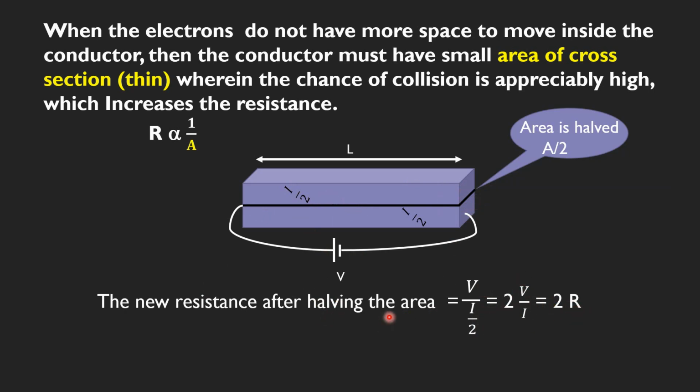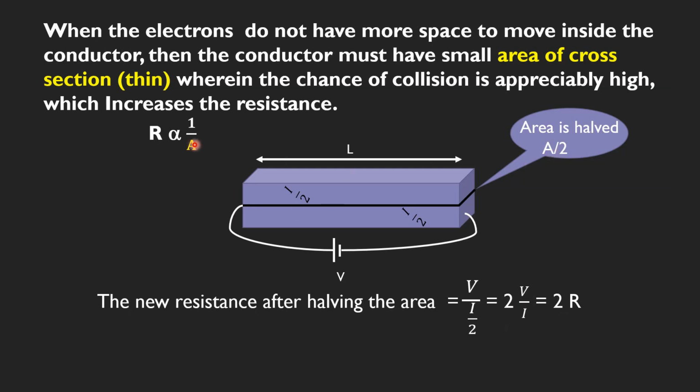The original resistance of the conductor before halving the area is R, the initial resistance. When the area is halved, the resistance becomes twice the original resistance. The resistance is doubled. So keep it in mind that if the area is halved, the resistance is doubled.